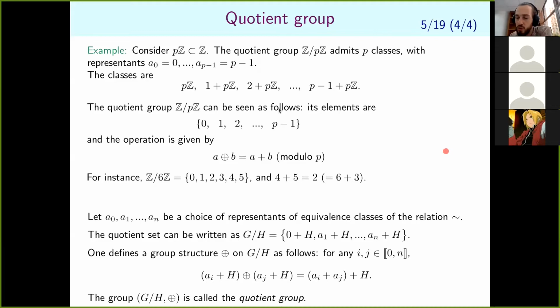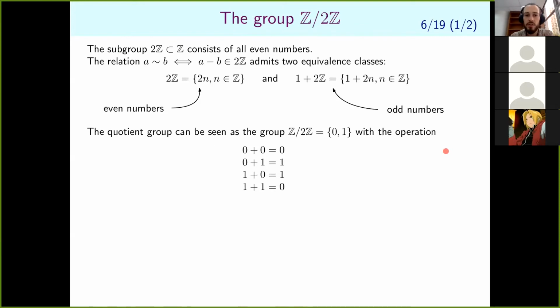A quotient group that will be very important for us is the group Z over 2Z. So this is the exact same thing. We consider the subgroup 2Z of Z. We have only two equivalence classes. The first one is the equivalence class of 0. It is the set of even integers. And the second equivalence class is the equivalence class of 1.